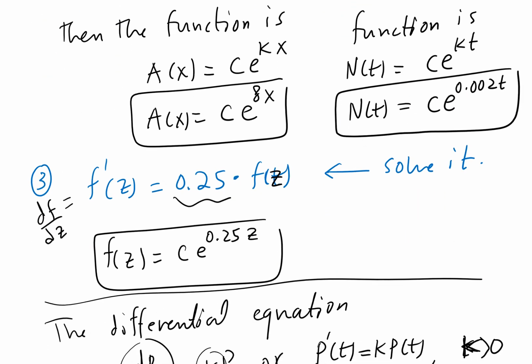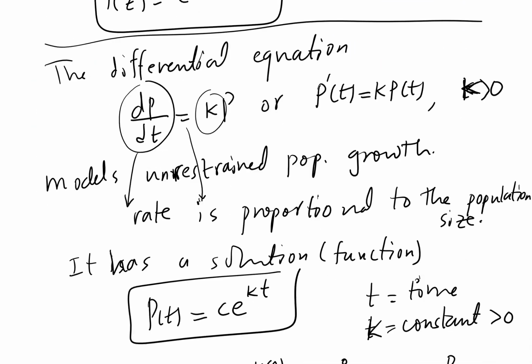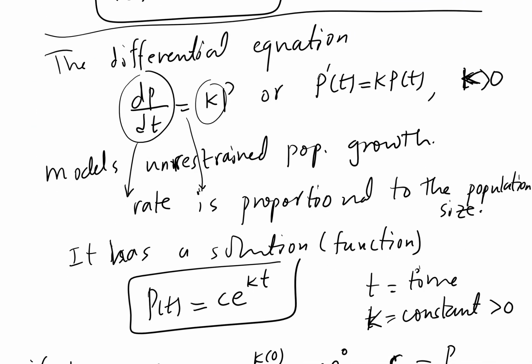Now we're going to try to apply this. We introduce the differential equation dP/dt equals kP, or some people write it as P prime equals k times P of t. dP/dt gives us the rate of growth as time goes by. T is the time. That's what dP/dt is called, the rate.